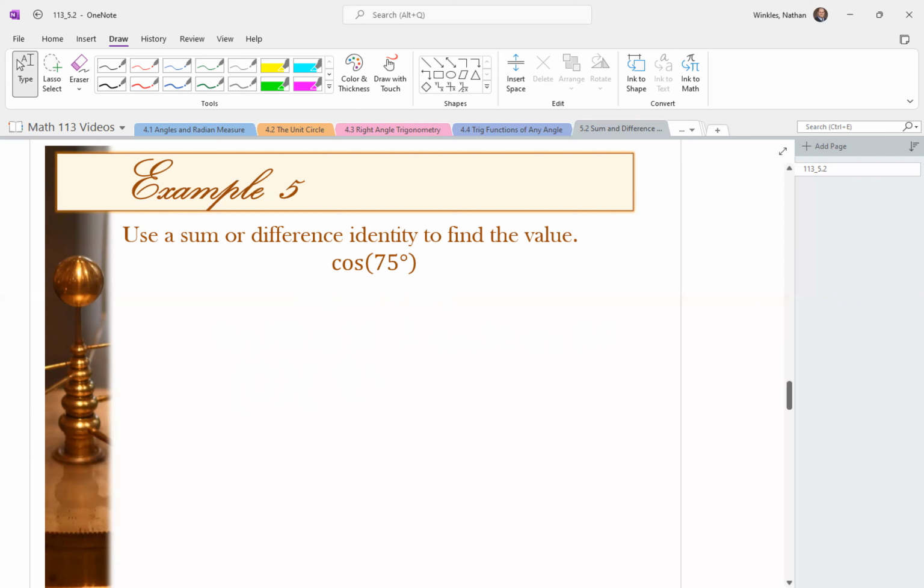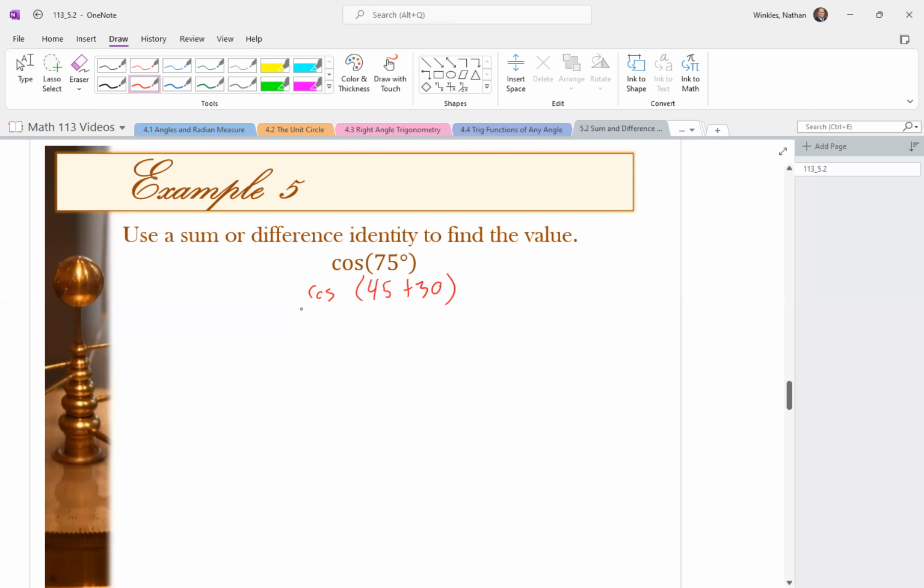Well, the two that I see real quick are 45 plus 30. Both of these we know. In other words, don't write something that you don't know, if it's not on your unit circle.